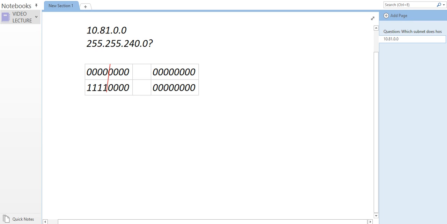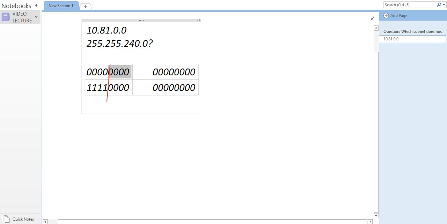If I put this demarcation here, it tells me that these 4 bits are part of the host, so I have to get their sum. The sum of these bits here is 8 4 2 1, which is 15.